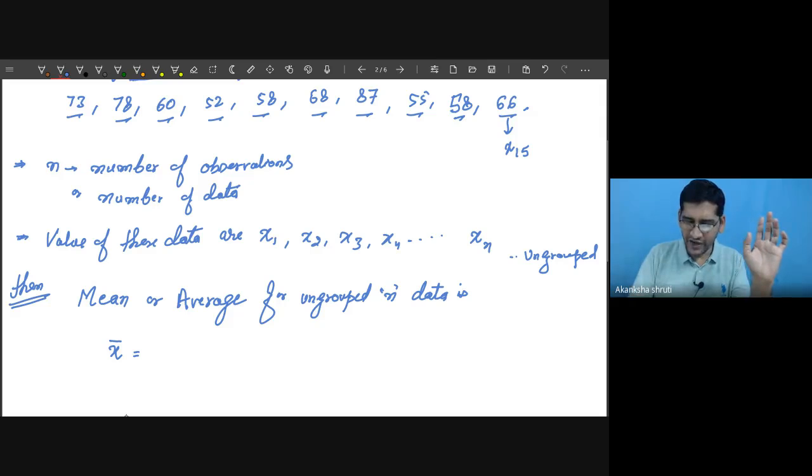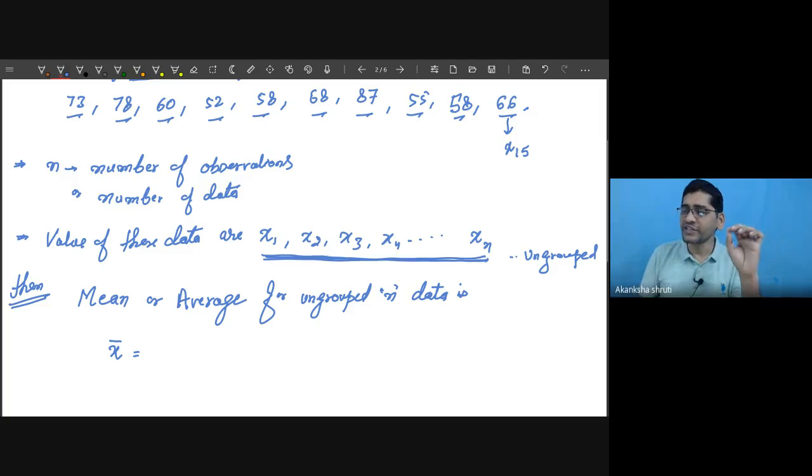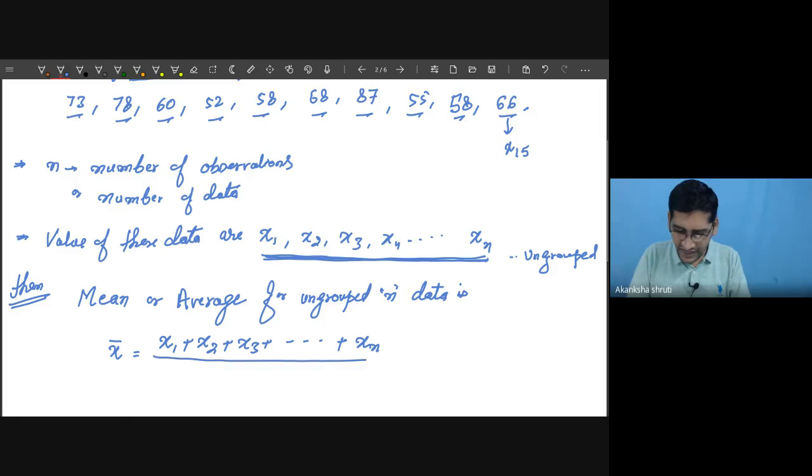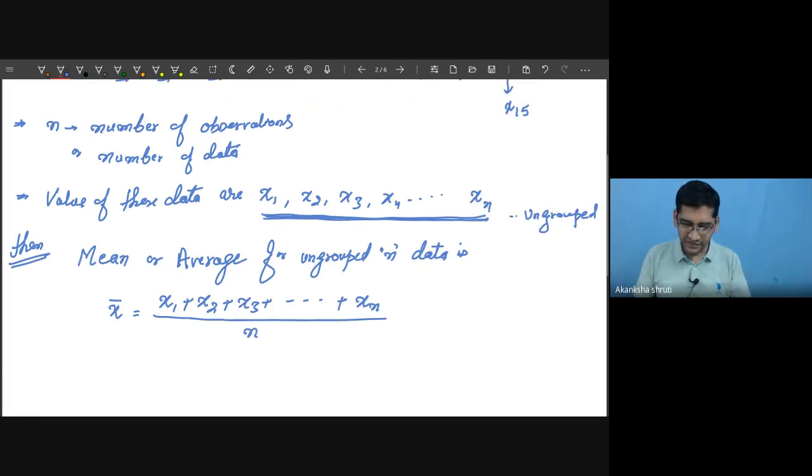Keep in mind, these observations x1, x2, x3, going on to however many n observations there are, need to be added first, and then you divide by n itself. Okay, it is this one.